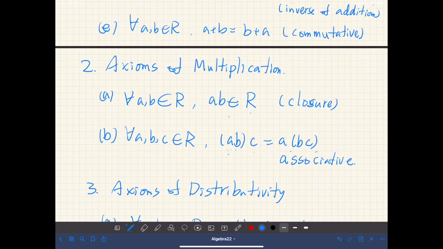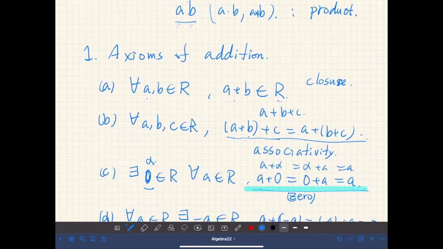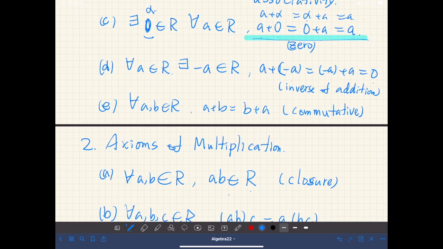And next, regarding the inverse of addition. For every element in the ring, there exists a corresponding element which we call negative A, such that adding them will result in 0.